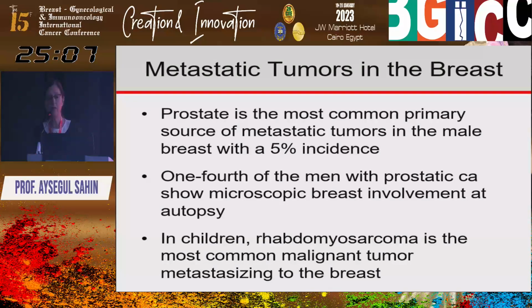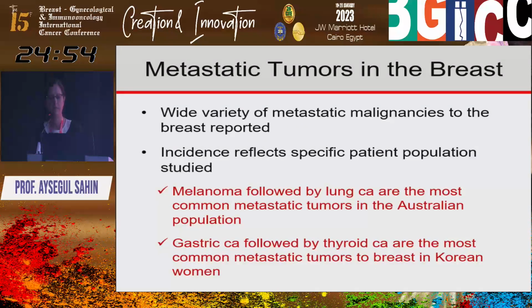Among men, prostate can happen in 5%, and if you look at the autopsy series, the incidence is higher. In children, rhabdomyosarcoma is the most common metastatic tumor.